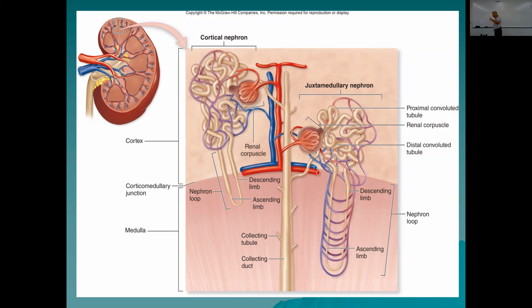Now, you can see that the efferent arteriole, which really could be called a portal vein, but they don't call it here, breaks up into a second set of capillaries. On the left, you'll see that it makes up a set of capillaries called the peritubular capillaries that surround the proximal and distal convoluted tubule.